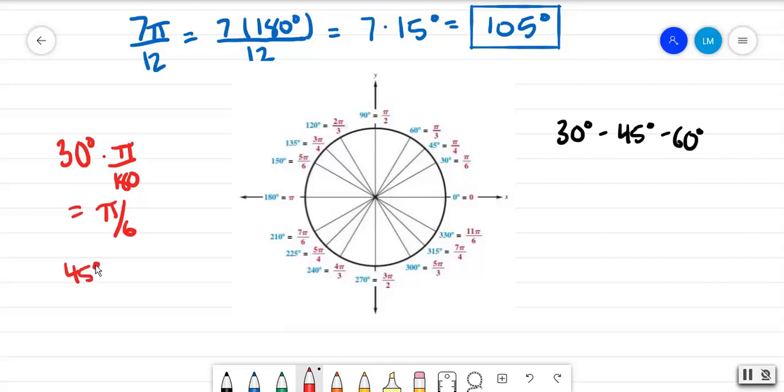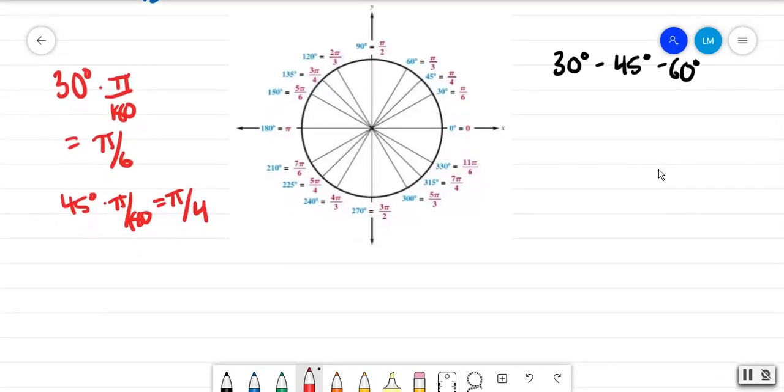You do 45 degrees times pi over 180, but 45 into 180 is 4. So that's pi over 4. Similarly, for 60 degrees, 60 times pi over 180. Well, 60 into 180 is 3, so that's really just pi over 3.